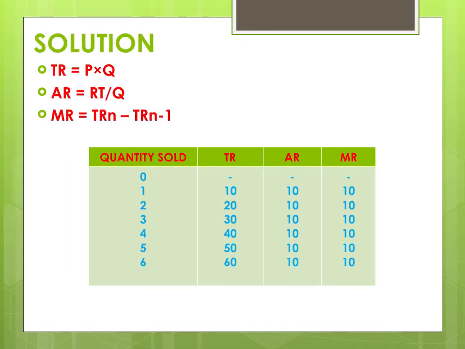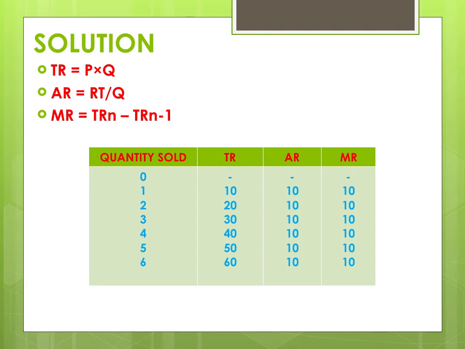For the solution to the given computation of total revenue, marginal revenue and average revenue schedule for the different quantities sold, the solution is as follows. First, we will look at the formula that is required to calculate these values.